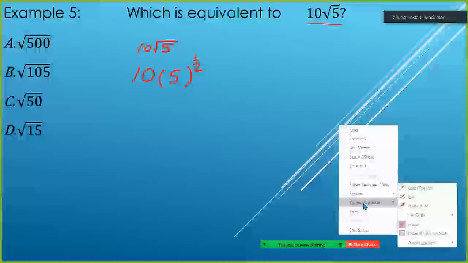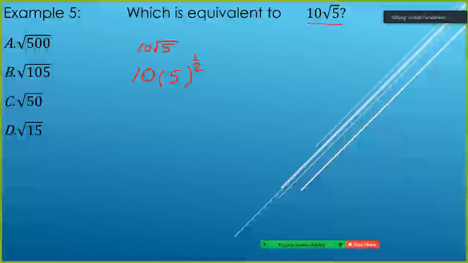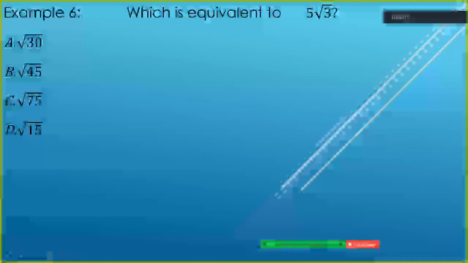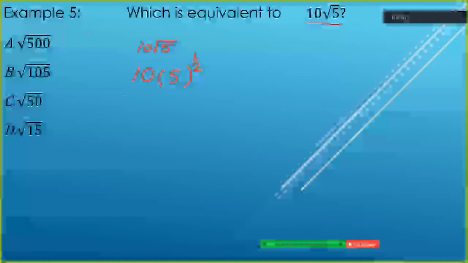It's still important, but I'm just going to lower it down. Okay, so here we go. 10 to the 2 over 2 still times 5 to the 1 over 2.